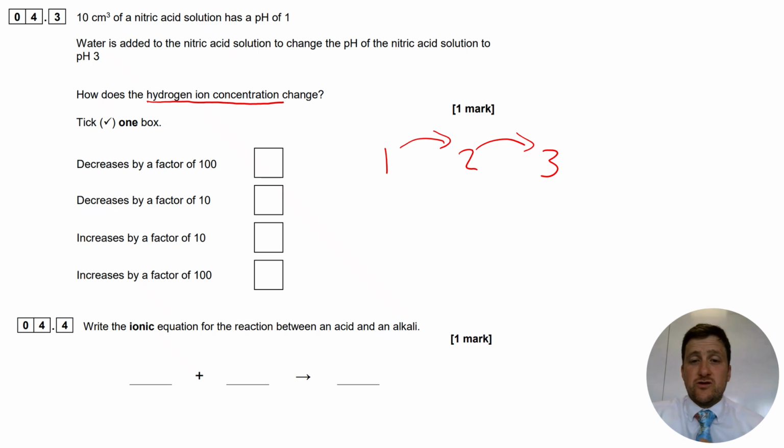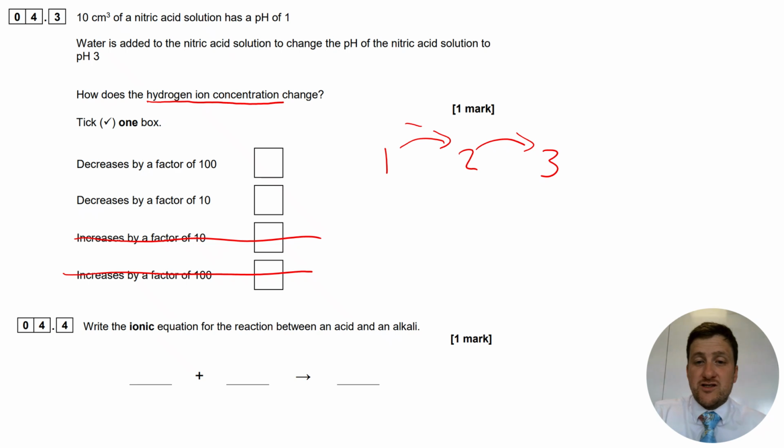You need to understand that a pH 1 solution has a higher hydrogen ion concentration, which means if you're going from pH 1 to pH 3, the concentration is decreasing. Straight away, we've got to know that. Therefore, we can get rid of these bottom two. The hydrogen ion concentration is not increasing at all, it's got to decrease.